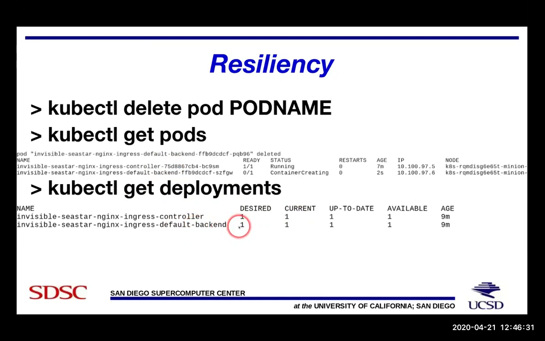So if one of them dies, Kubernetes knows that it needs to be recreated immediately and does that. To be more resilient, instead of creating a single pod, you create a deployment so that your pods, if they die, are automatically recreated.